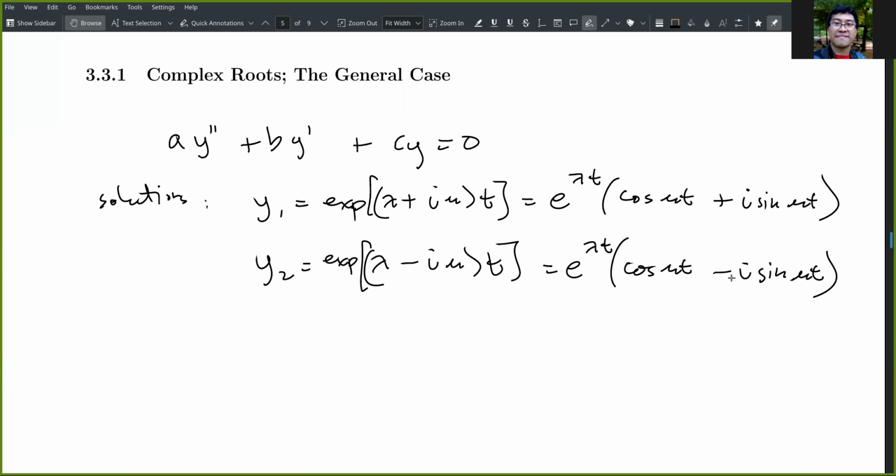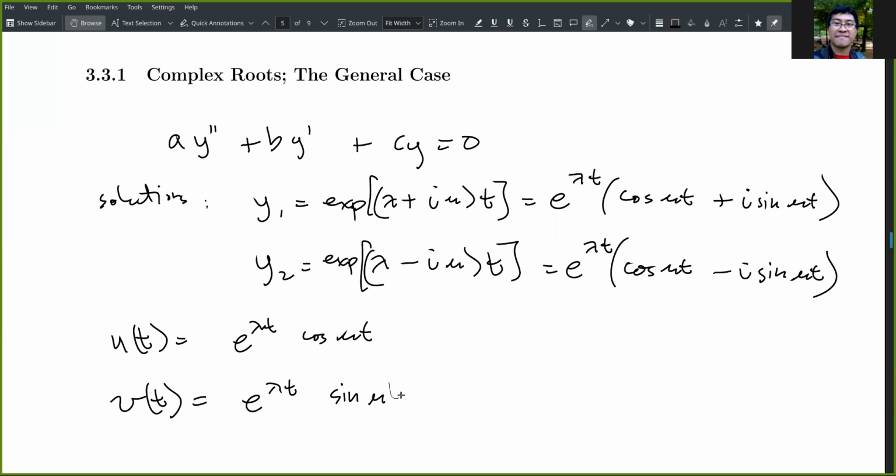Either of the two, up to a negative sign, you can have u equals e to the lambda t cosine mu t, and v equals e to the lambda t sine mu t.